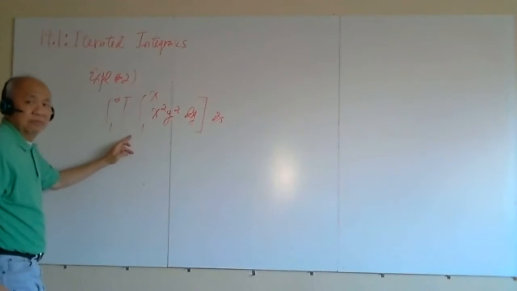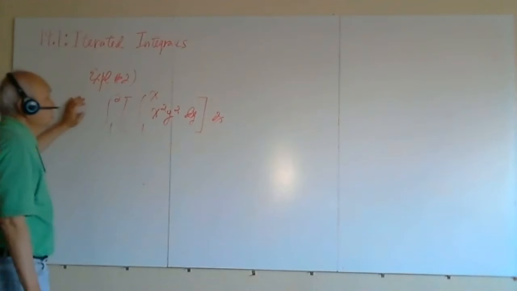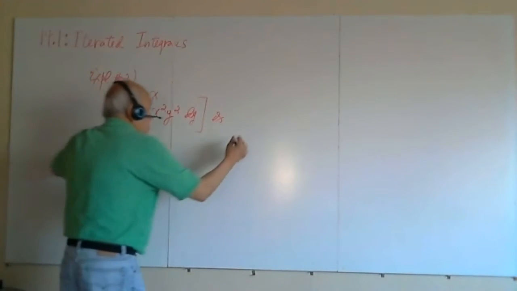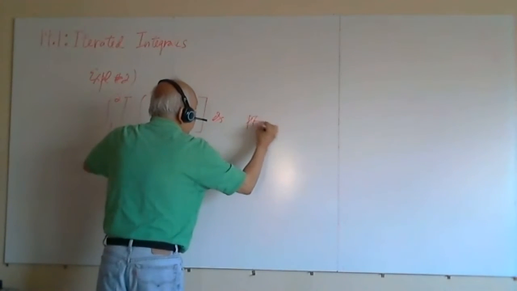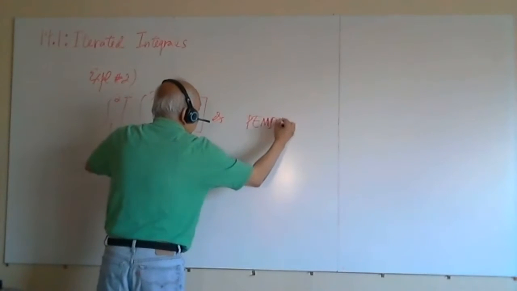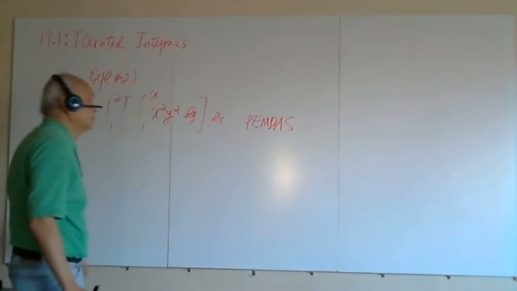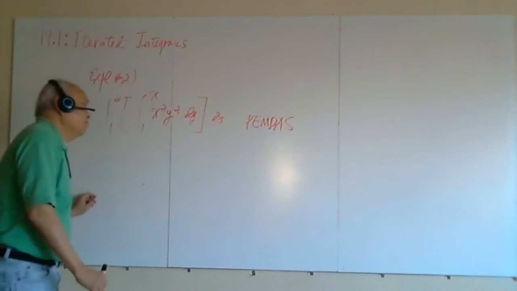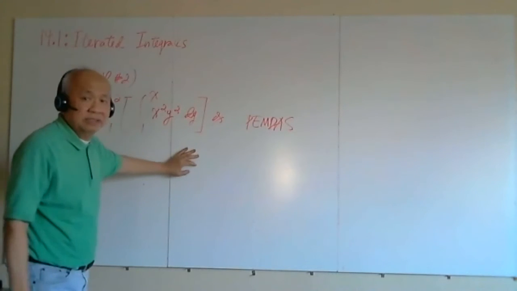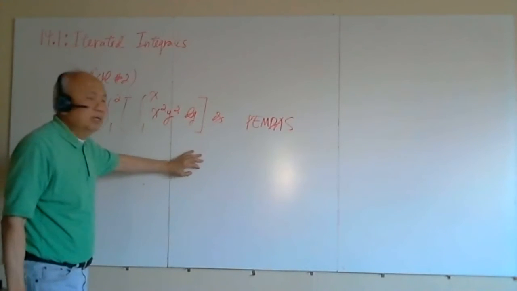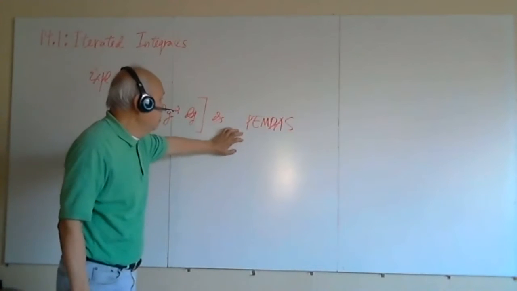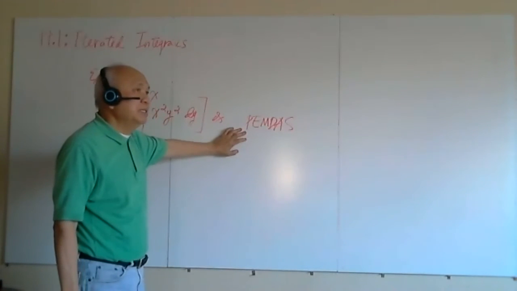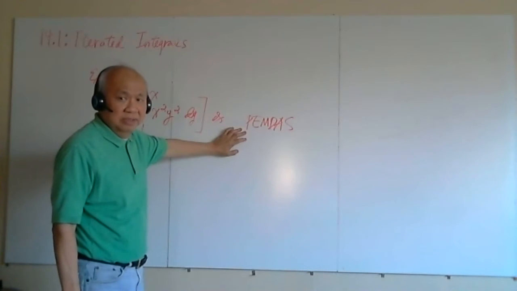Can you see? The principle is the same as PEMDAS. Do you still remember what it means? P stands for parentheses, the order of operations. Whatever is inside the parentheses, you need to do first.